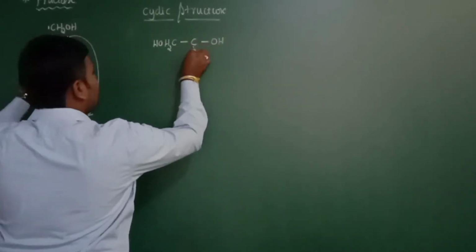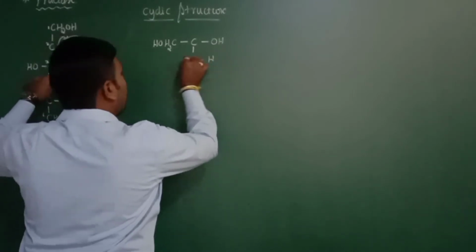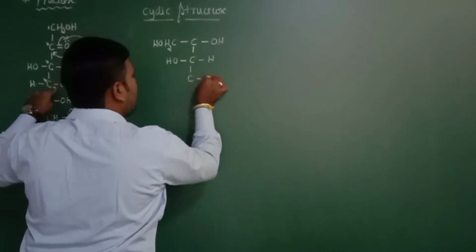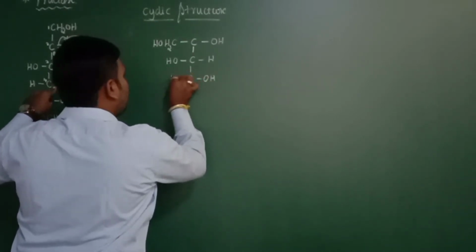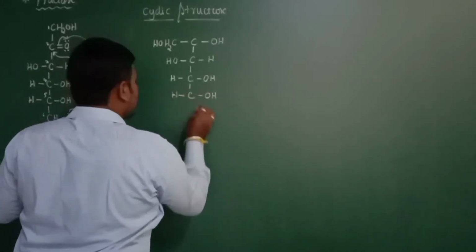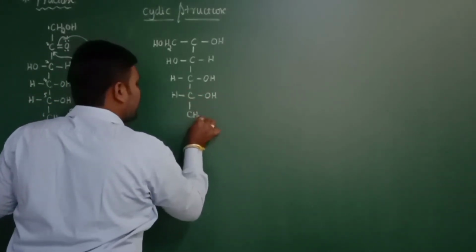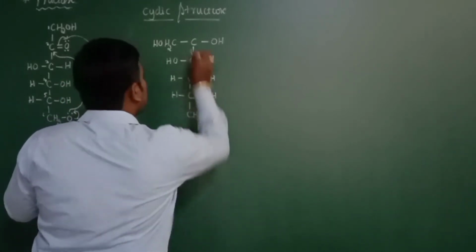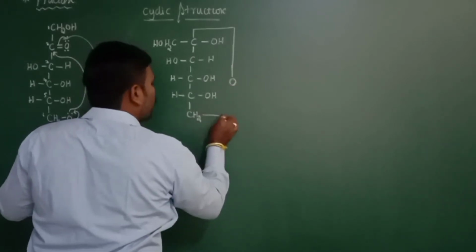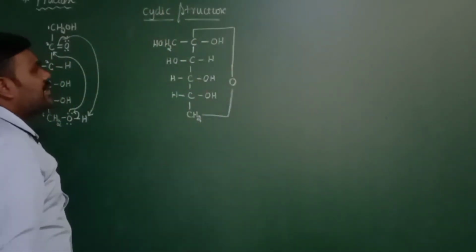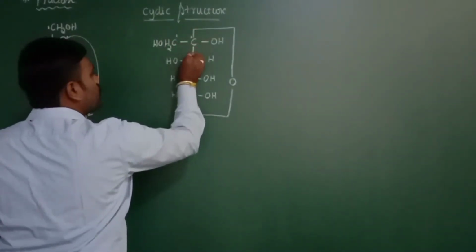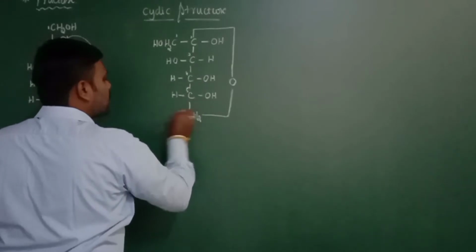The third position is CHOH, the fourth position COH, fifth position COH, and at the 6th position we have CH2, which is linked with the 2nd carbon atom through the ethereal link. So this is the cyclic structure of the fructose molecule. 1, 2, 3, 4, 5, 6.